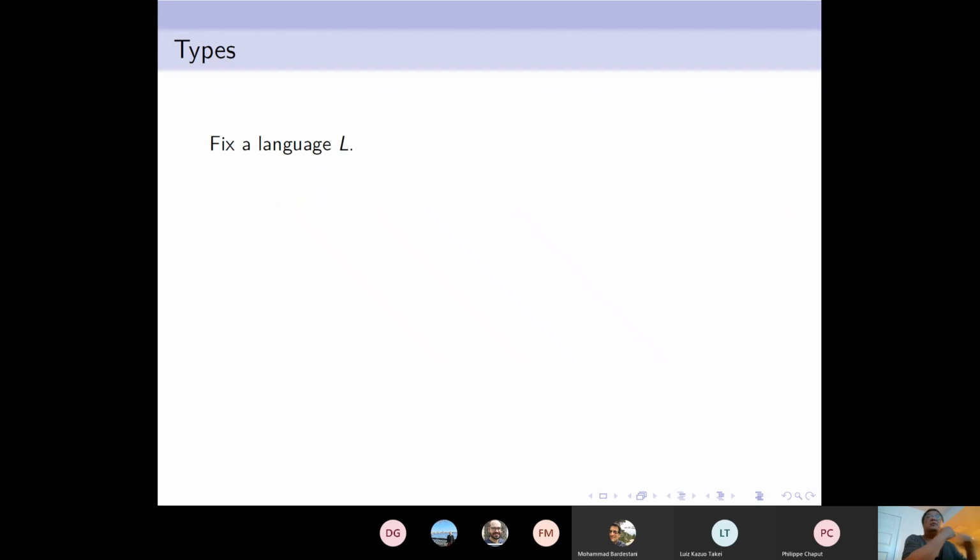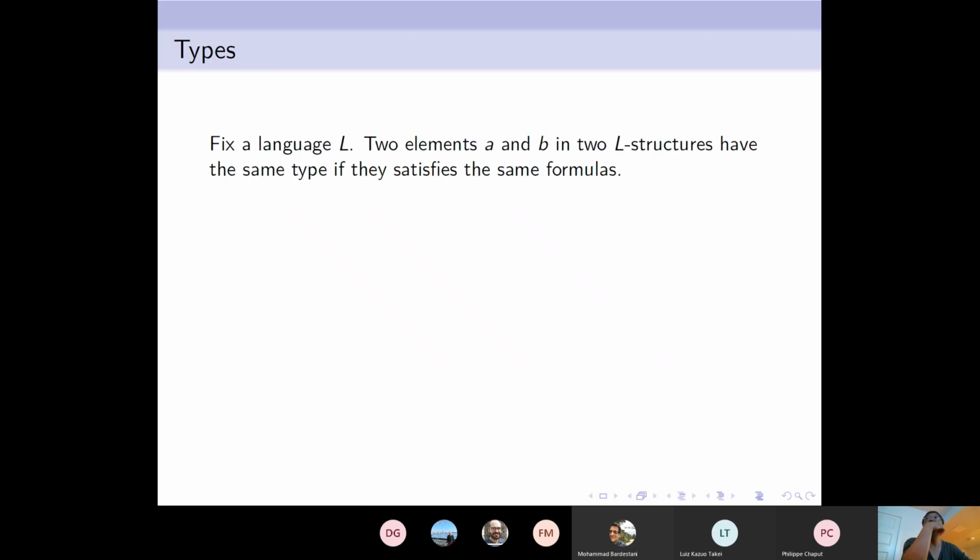Then we go to types. We fix the language L. Two elements A and B in two L-structures, maybe for the same language L, we can attach different structures, right? Two elements A and B in two L-structures have the same type if they satisfy the same formulas.